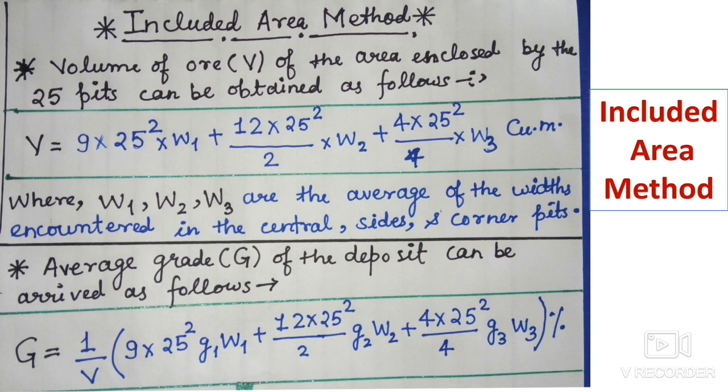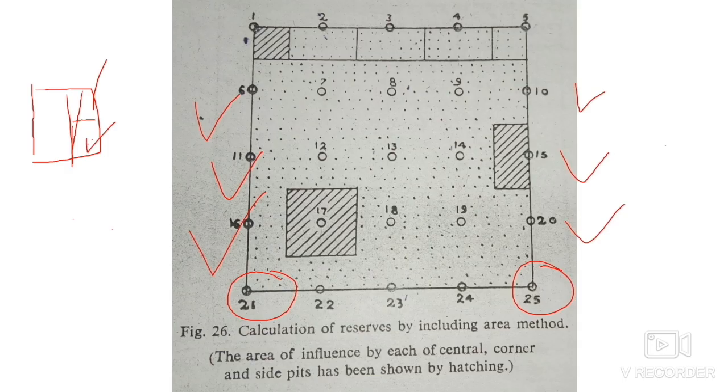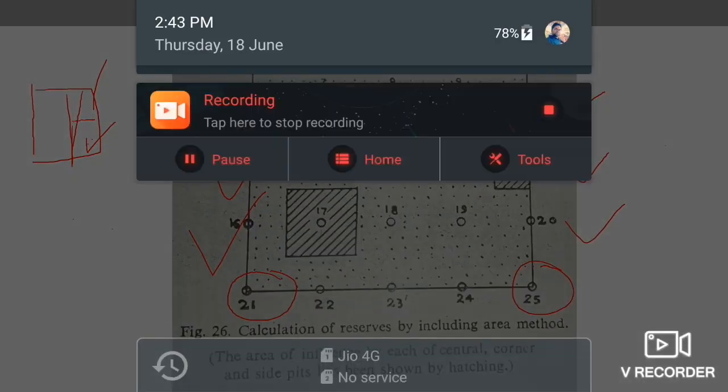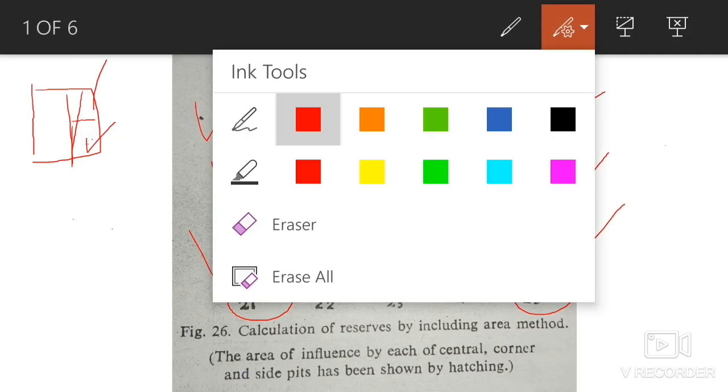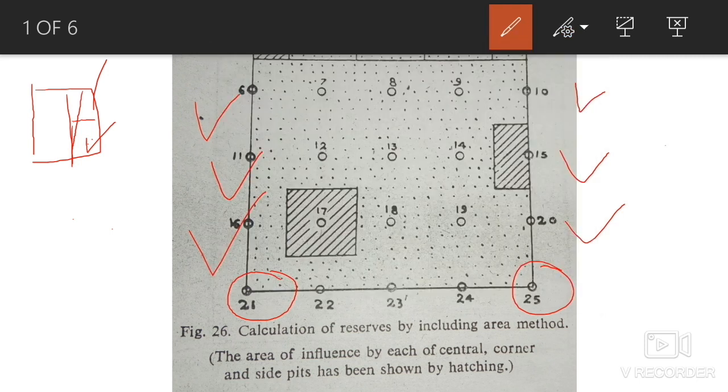Okay, so now you would have understood where these 9, 12 and 4 have come from. These 4 have come from the corner pits, these corner pits that show the 4 points.